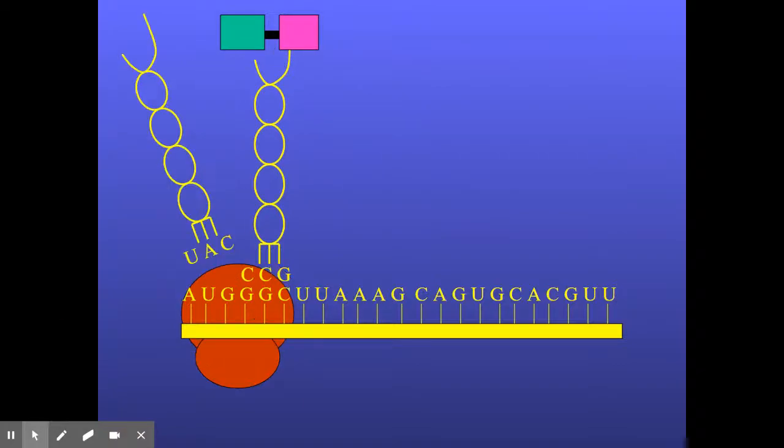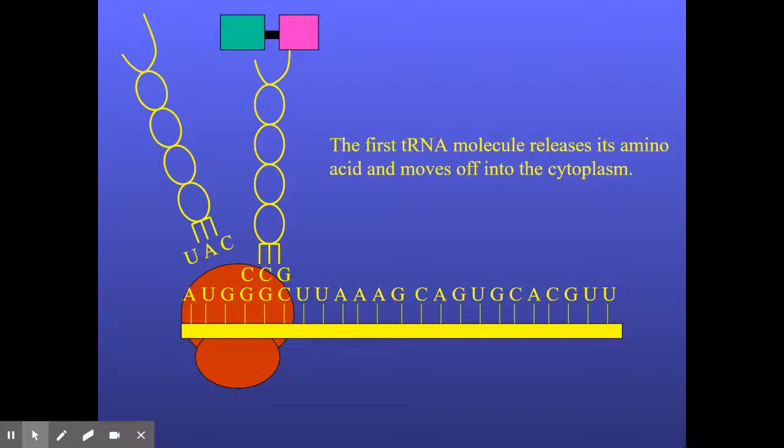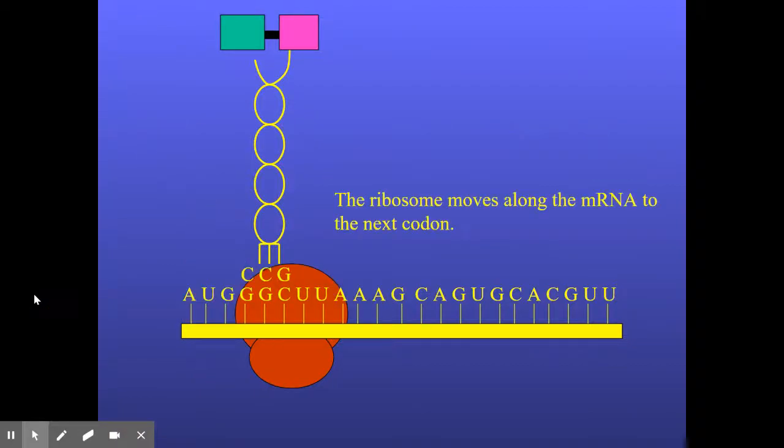And then finally, that first tRNA falls off and it scoots down the ribosome. And another tRNA is going to come in, and it's just going to keep making this.